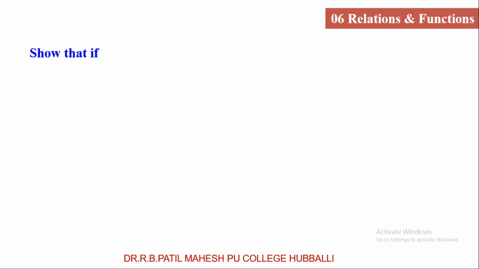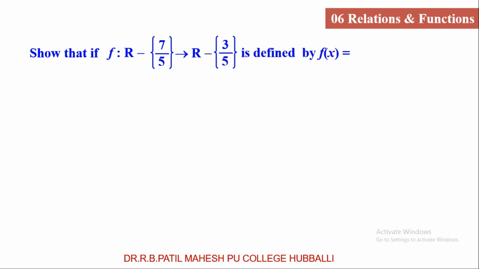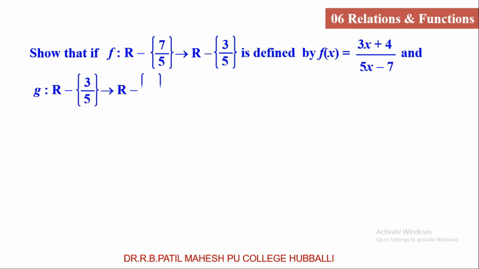Show that if f from R minus 7 by 5 to R minus 3 by 5 is defined by f of x is equal to 3x plus 4 upon 5x minus 7, and g from R minus 3 by 5 to R minus 7 by 5 is defined by g of x is equal to 7x plus 4 upon 5x minus 3.